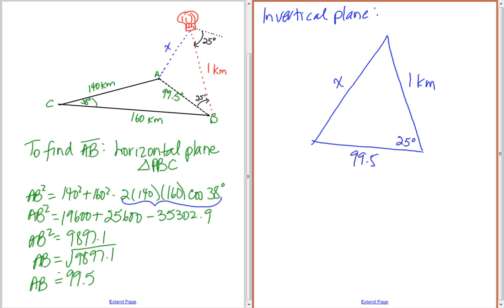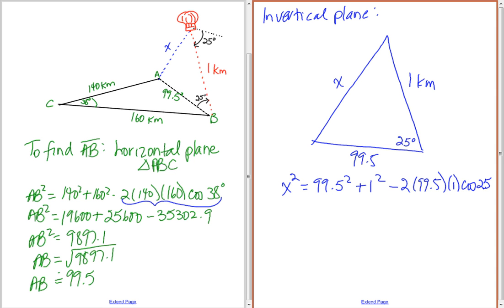I need to think, can I use right angle trig? No. Can I use sine law? No, I cannot. I do not have an angle-side pair complete, so I need to use the cos law. So for cos law, I'm going to have x squared equals 99.5 squared plus 1 squared minus 2 times 99.5 times 1 cos 25.